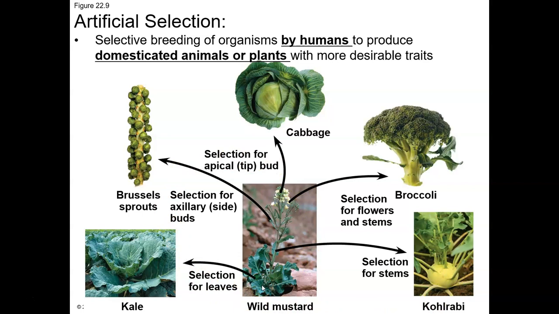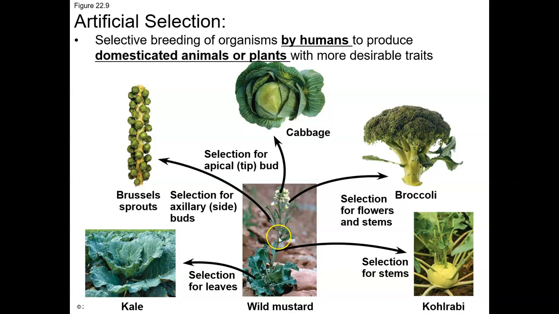So over decades or hundreds of years, or maybe even longer, humans have selected from this plant different traits that it wanted to emphasize. So kale is a wild mustard plant that its ancestors have been selected for larger leaves. So that's where we get the kale.